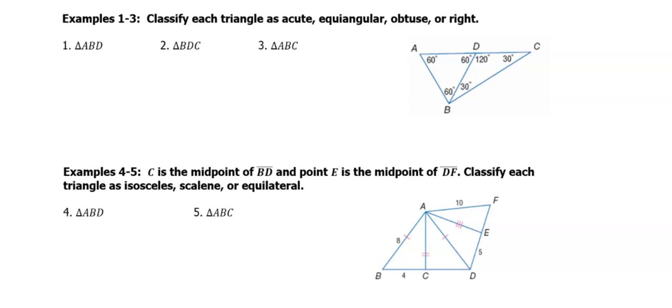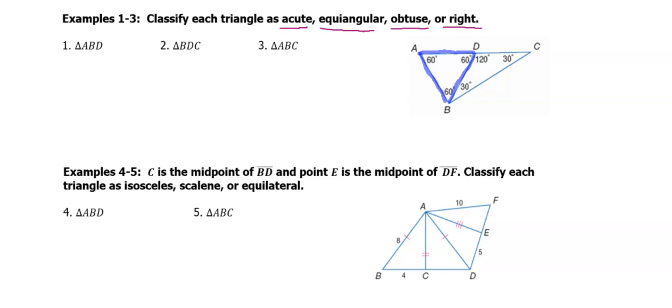In examples 1, 2, and 3, they want us to identify whether it's acute, equiangular, obtuse, or right. So I'm going to go ahead and highlight these. ABD would be this triangle right here, A, B, D. I see all the 60 degrees in there, which means they're all congruent.